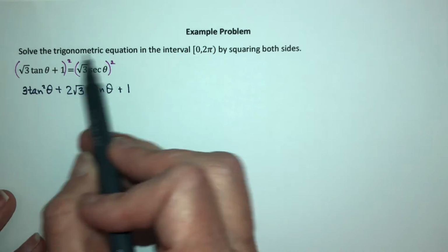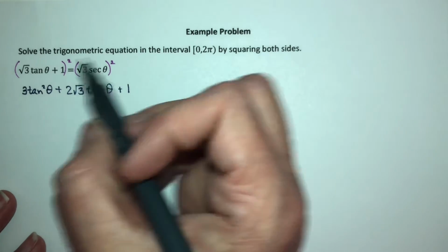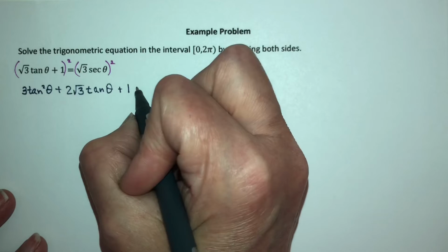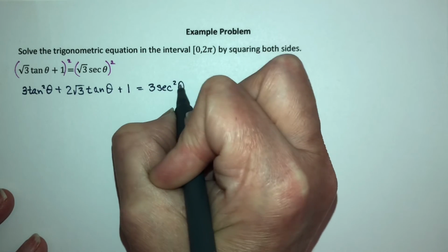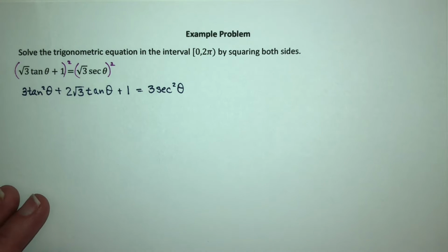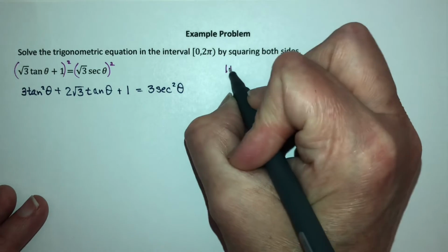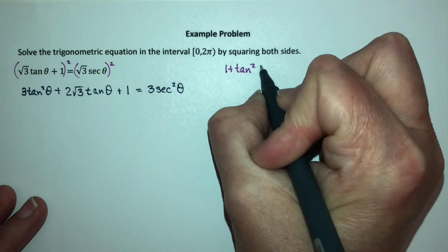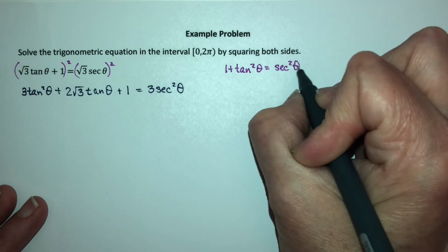Okay, now square this. This is not a binomial because there's no addition or subtraction in here, so you simply square each part, and you get 3 secant squared of theta. Now, one of our Pythagorean identities was 1 plus tangent squared of theta is equal to secant squared of theta.